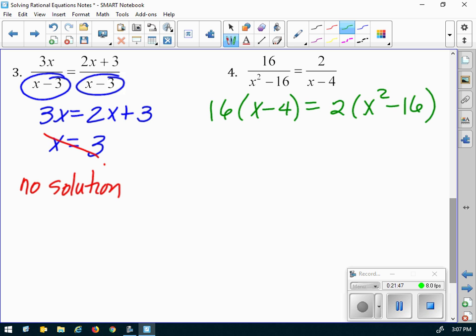To 16, yeah. You solve that, you're going to get x equals 4. I'm just saying to you, this will work fine. What would your next step be?